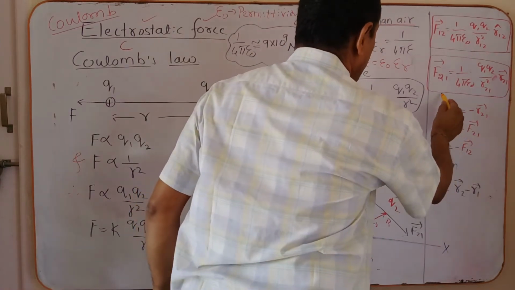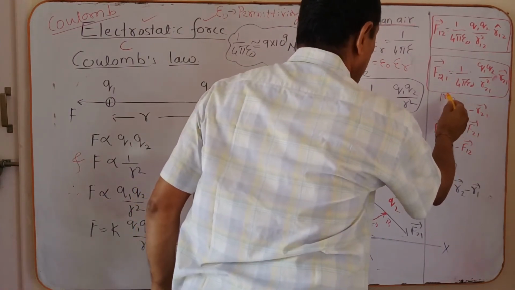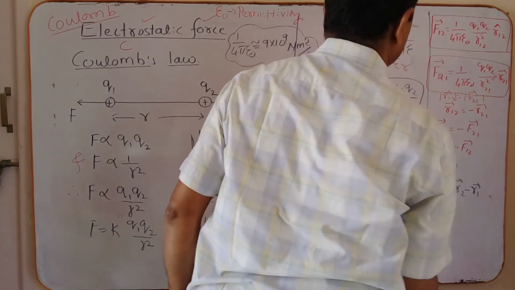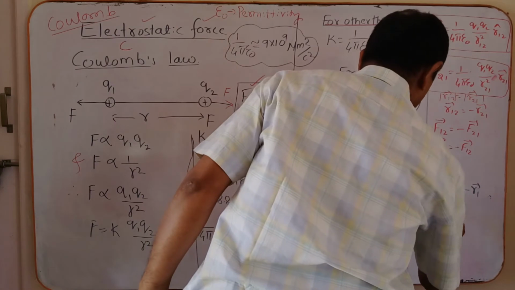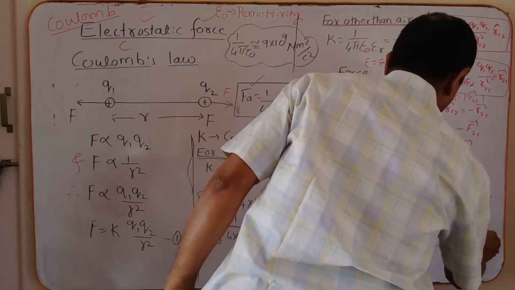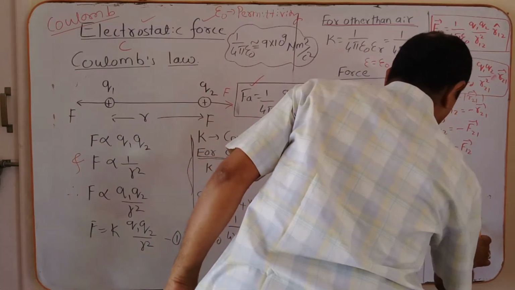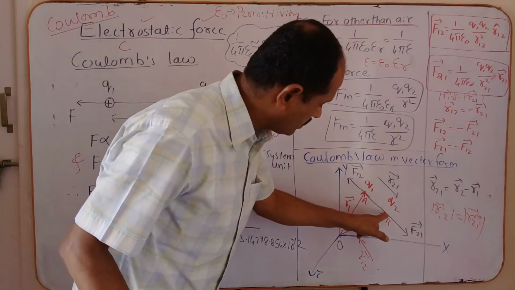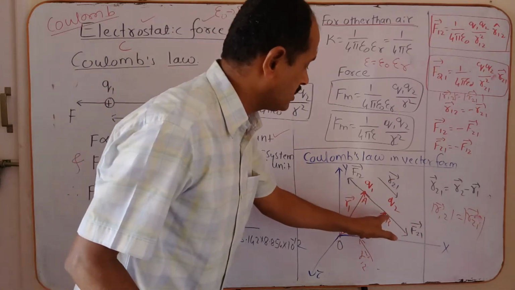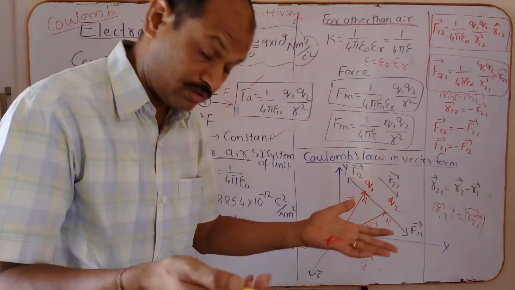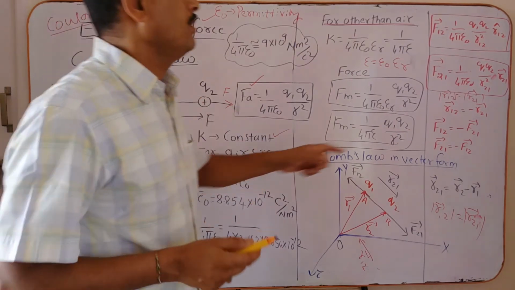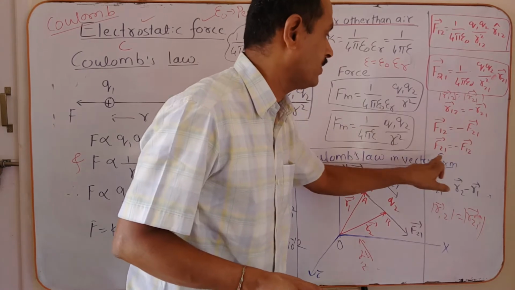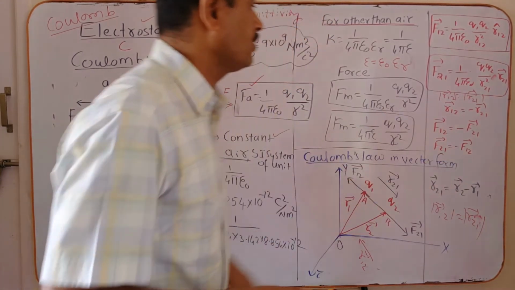Suppose you take the magnitude, R12 magnitude is equal to R21 magnitude. From this direction to this direction you measure 3 centimeter, from this direction to this direction is also 3 centimeter. But vector R12 is equal to minus vector R21. Therefore vector F12 is equal to minus F21, or vector F21 is equal to minus F12.